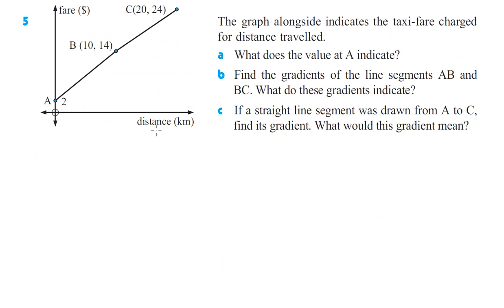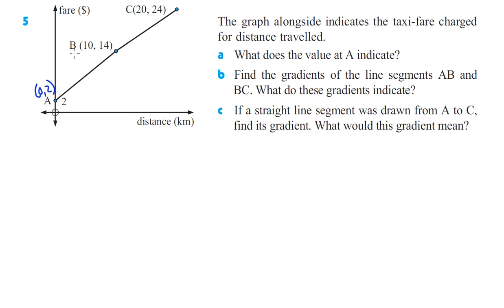Okay, last one we've got is number 5. Okay, graph alongside indicates the taxi fare charged for distance traveled. Okay, what does the value at A indicate? Okay, so this point is actually 0, 2.